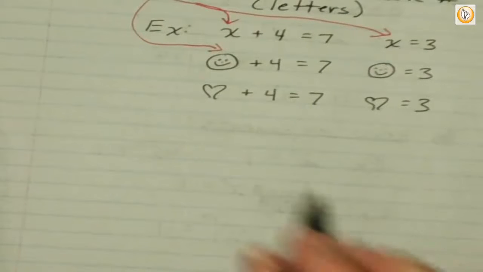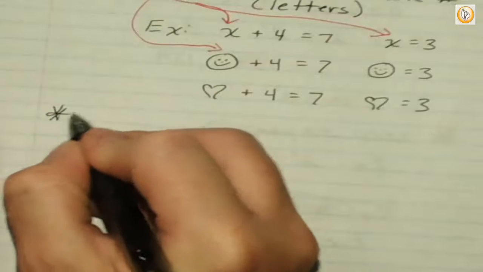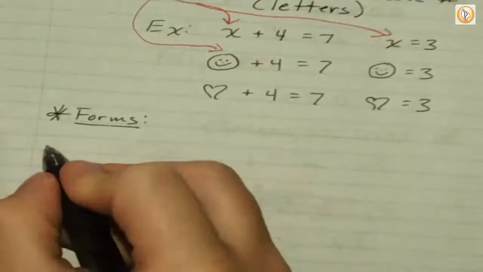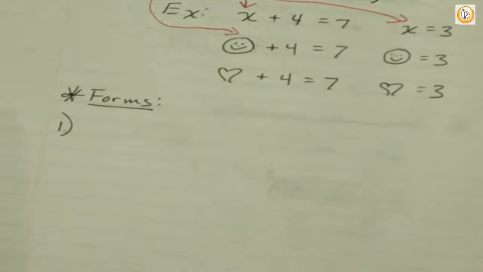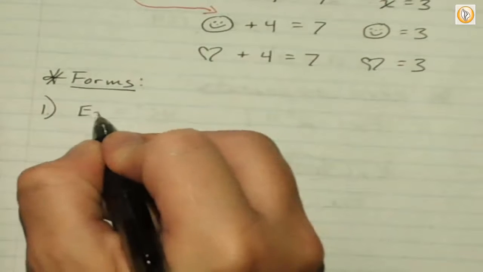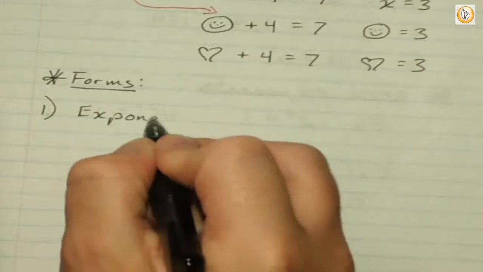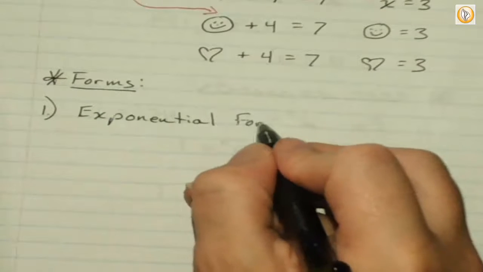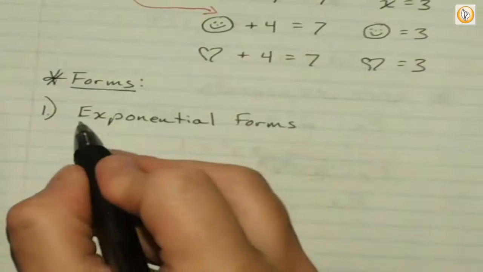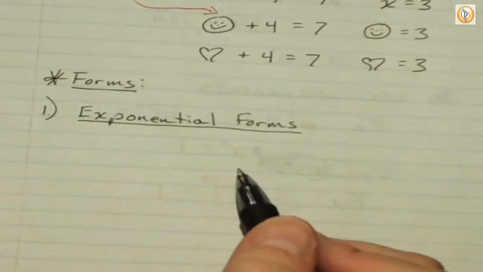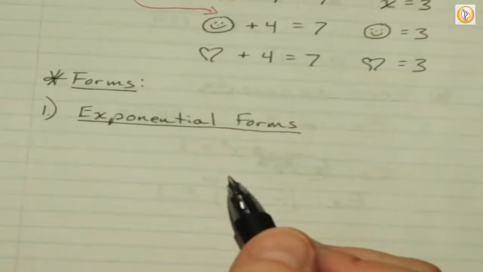There are 2 different forms that we're going to go over. Form number 1 is the exponential form.